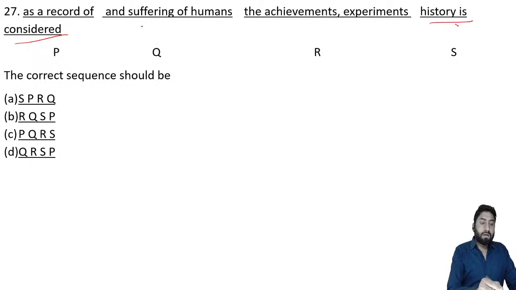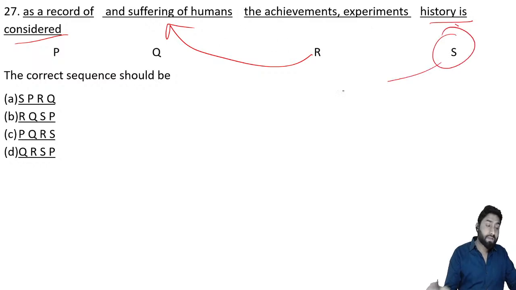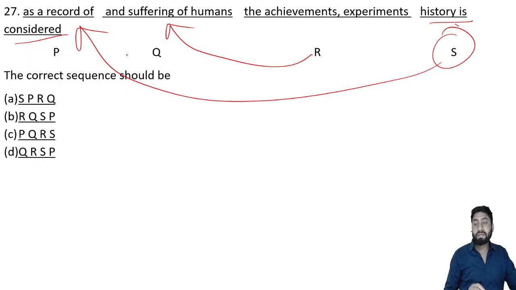See, achievements, records, we can see this much with R and Q, right? So the achievements, experiments, and suffering of humans. This has a link, and this is the beginning. This goes well with P. History is considered as a record of, and it cannot come anywhere else, as a record of. So history is considered as a record of the achievements, experiments, and sufferings of humans.